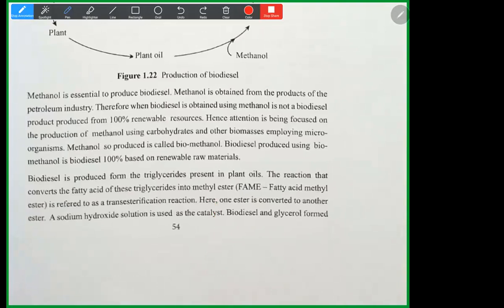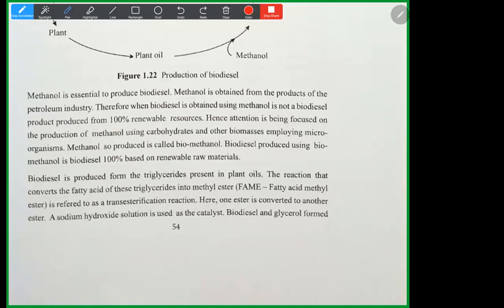And also the methanol is supposed to come from a natural source as well. Methanol is essential to produce biodiesel. Methanol is obtained from the products of the petroleum industry. That's again a disadvantage. Therefore, when biodiesel is obtained using methanol, it's not a biodiesel produced from 100% renewable resources.